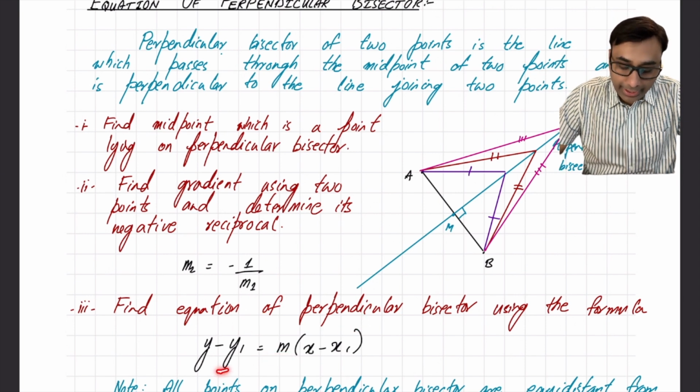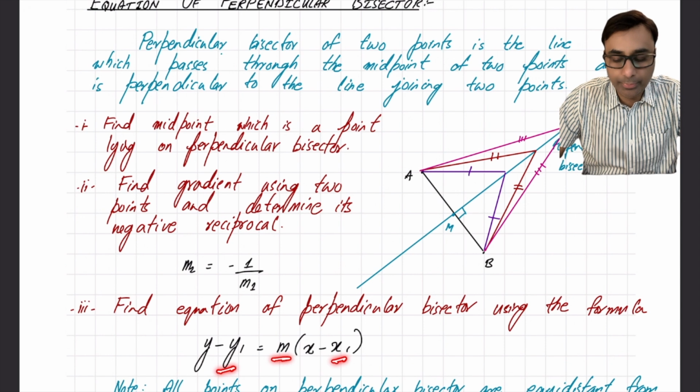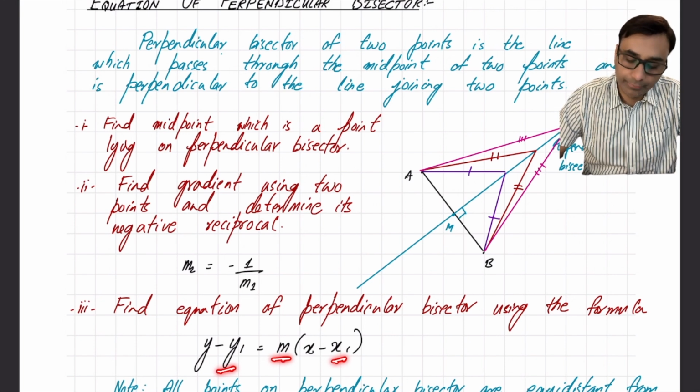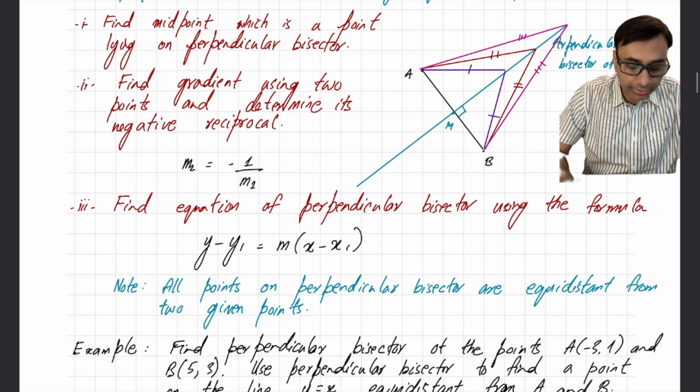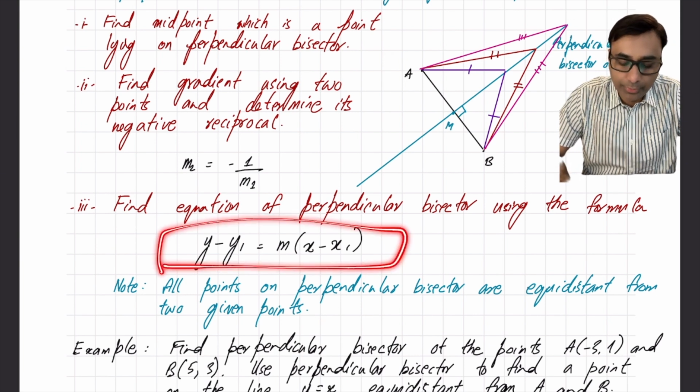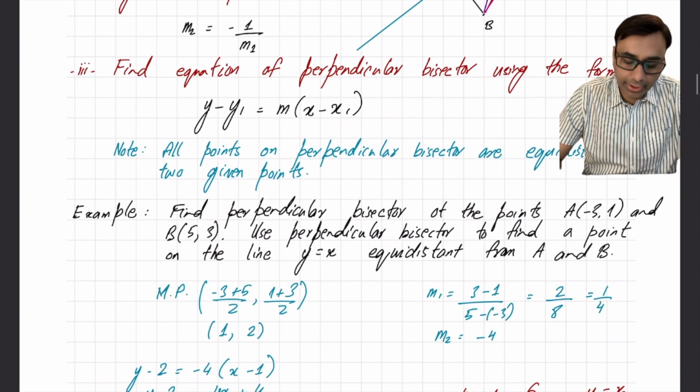So x1, y1 would be the midpoint of the 2 given points, and m would be the gradient of the perpendicular bisector that you found by negative reciprocating the gradient of the line joining the 2 points. Once you put it in this formula, you will get the equation of the perpendicular bisector. Let's have a look at an example.